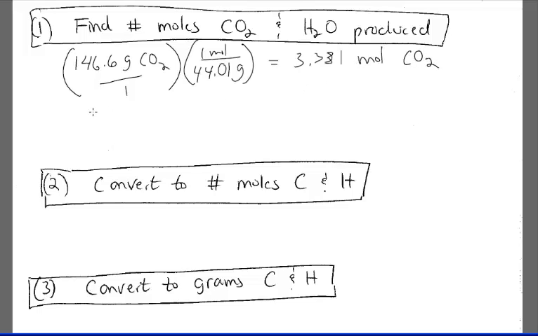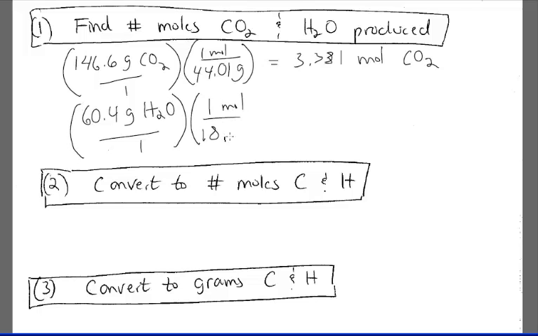All right, same for water. We had 60.4 grams of water. Use its molar mass, 18.02 grams, and that gives us 3.352 moles of water. All right, so that's moles of carbon dioxide and water.